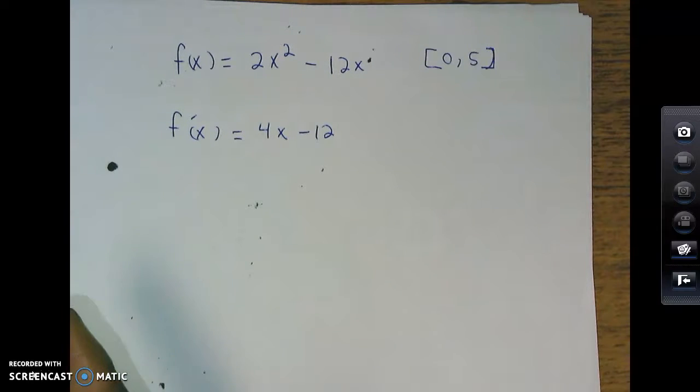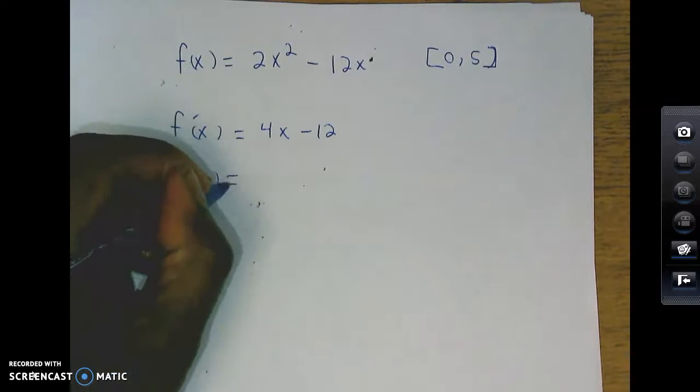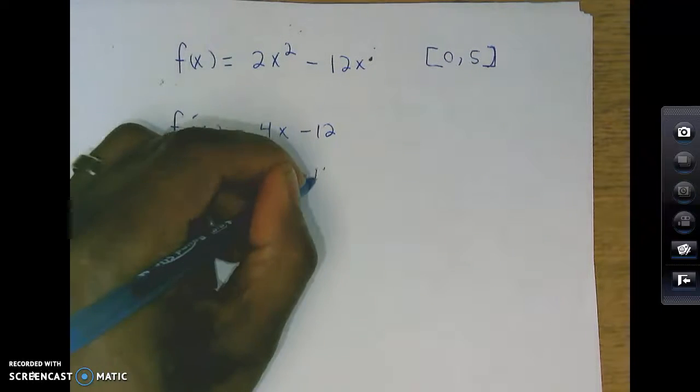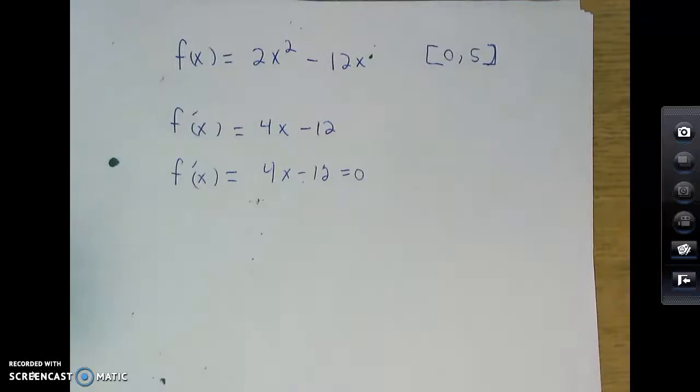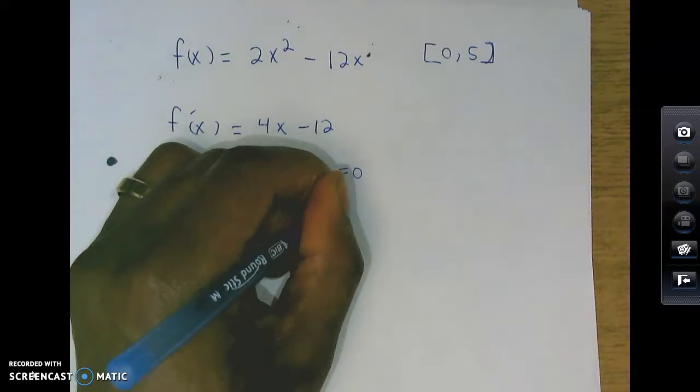Well, our derivative for this polynomial function is a linear function, which is always defined. And so we know that we don't have the case where the derivative is going to be undefined. We just need to check to see when the derivative is equal to 0. So let's go ahead and set the derivative equal to 0 and solve for the independent variable x. All right, so that means I need to add 12 to both sides.